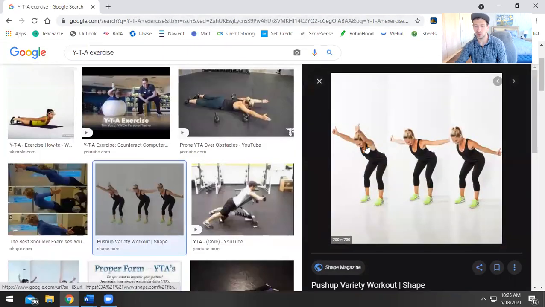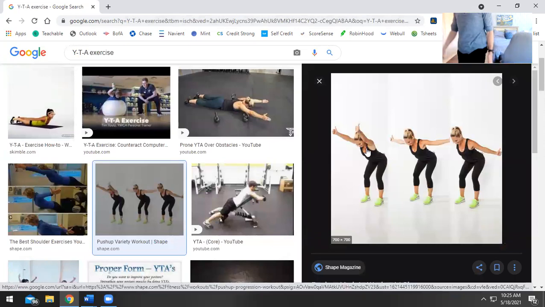So you do 3 versions. You do a Y and then a T and an A, and that's combo number 1. So you go here and you go Y, T, A. And that's going to strengthen your middle and your lower trapezius muscles.